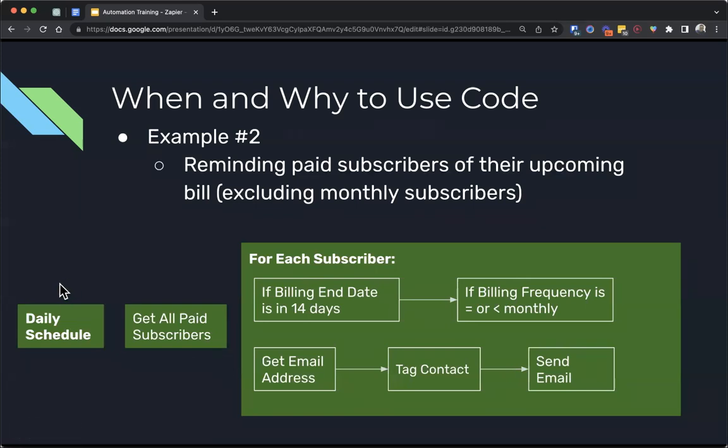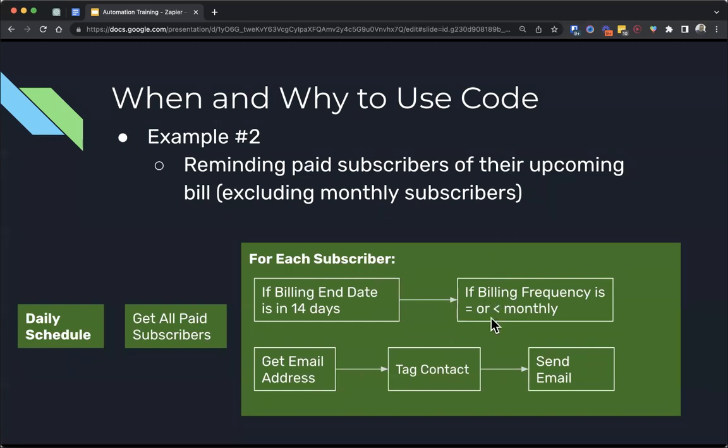Essentially, we had a daily schedule within Zapier that got all those paid subscribers in a list. For each subscriber, it filtered on the criteria. The billing frequency has to be equal or greater than 6 months.